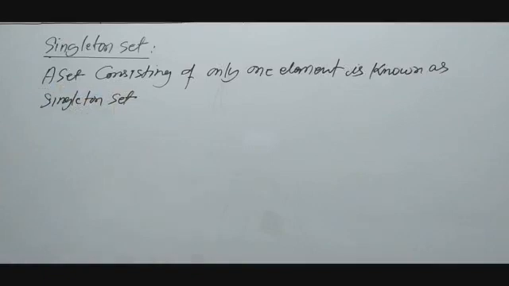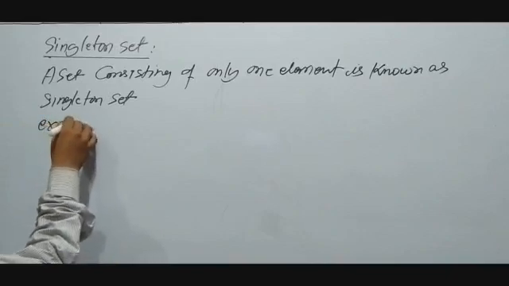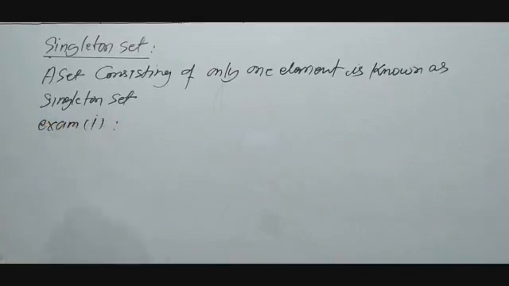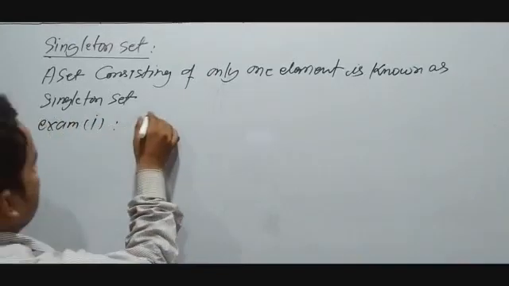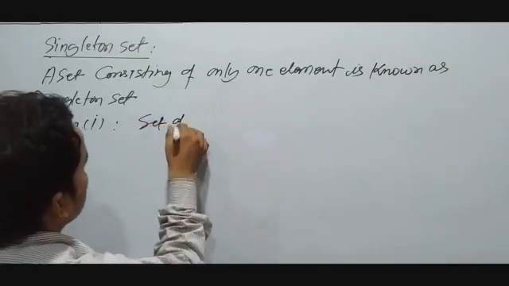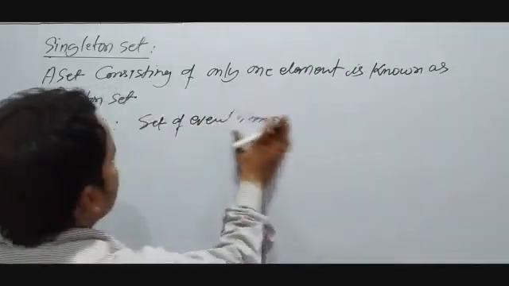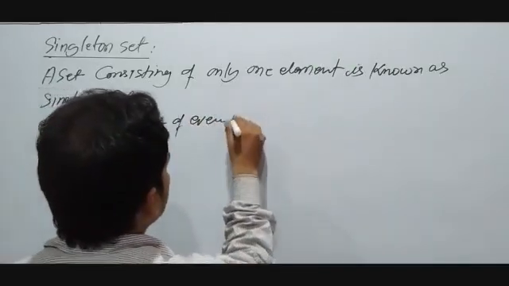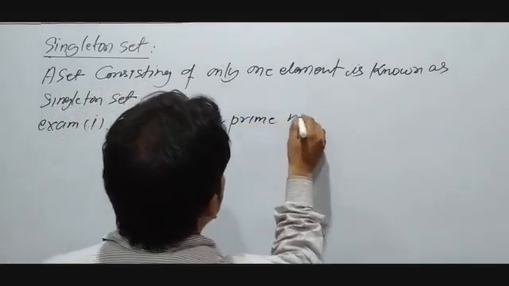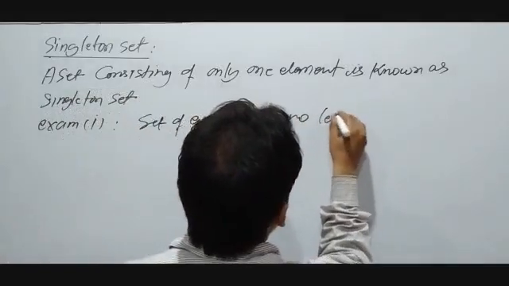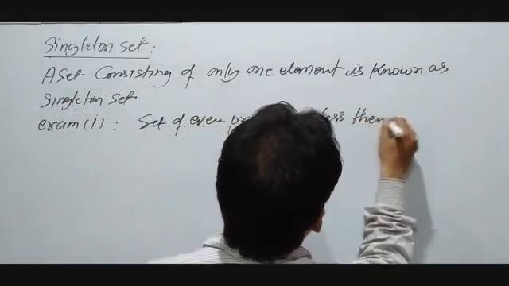Now see the example. Example 1: set of even prime numbers less than 5.